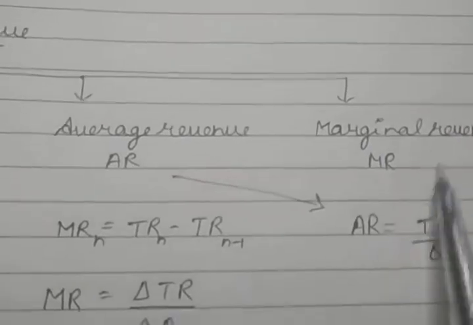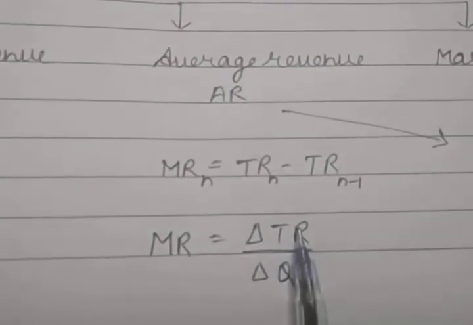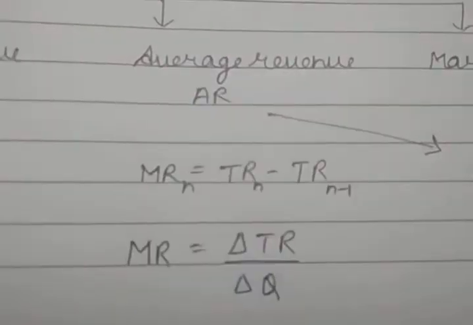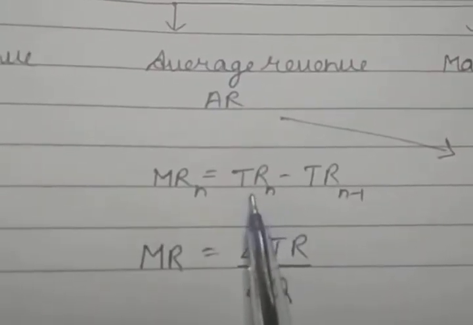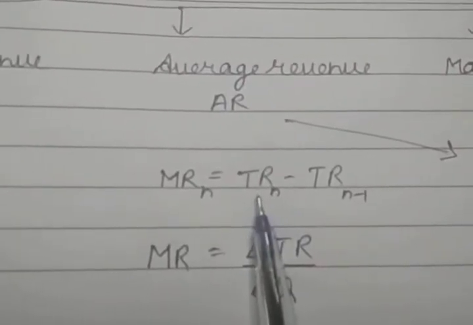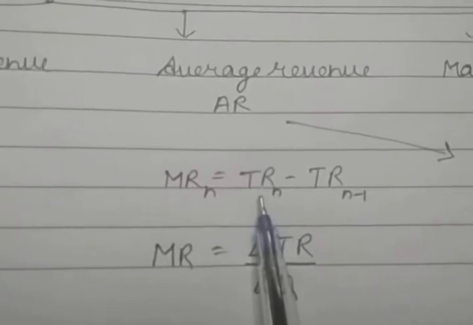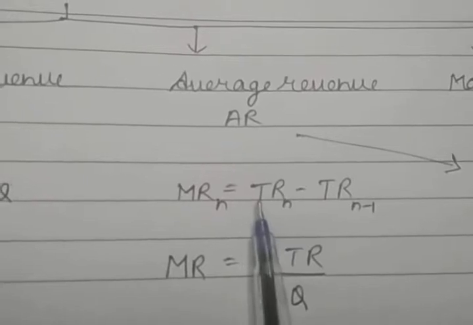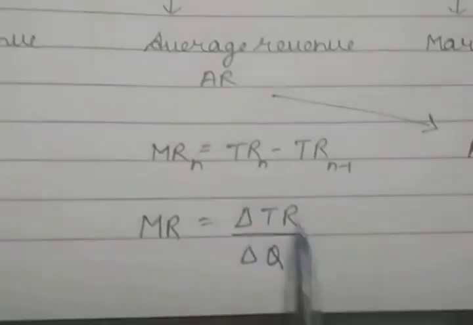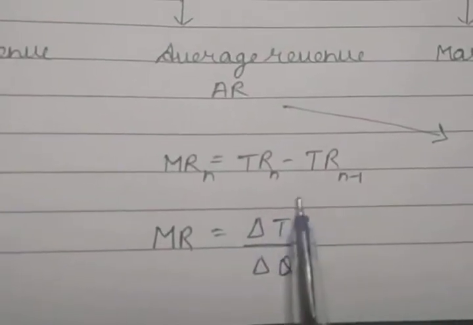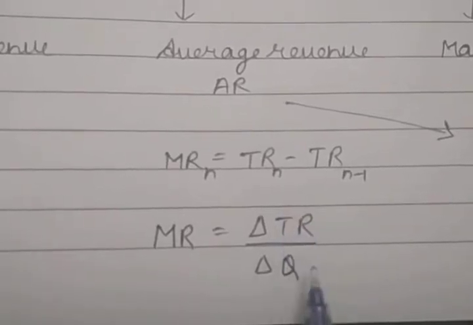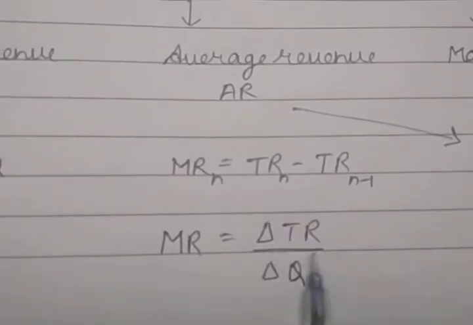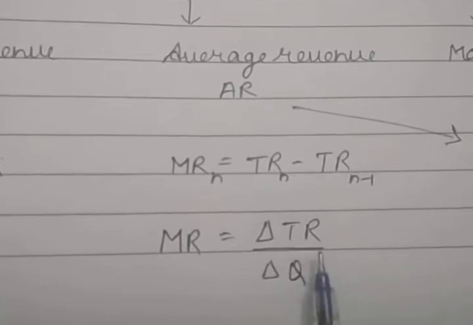Now the third one is MR. MR refers to the addition to total revenue which results from the sale of an additional unit of output. That means one additional unit. MR is the change in the total revenue on account of the sale of one more or one less unit of the output.